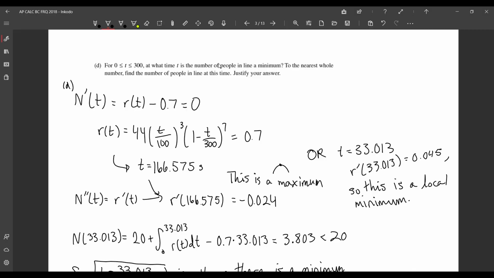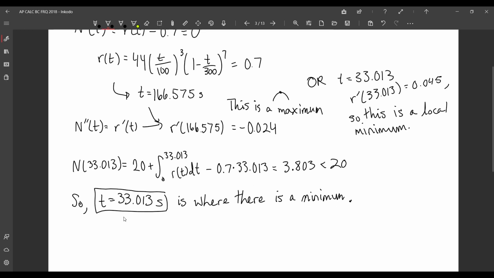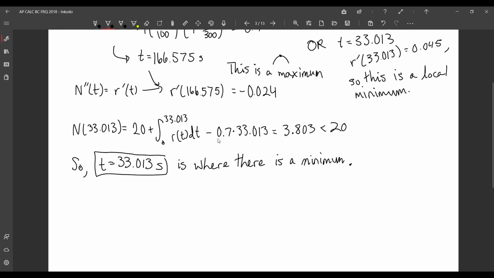If we set n prime equal to 0, we end up having to solve r of t equaling 0.7. This gave two solutions. One was a local maximum and one was a local minimum, which we checked by taking the second derivative. And then we had to check that this local minimum would be less than either of the endpoints, the smaller one being 20, and it was. So this is the minimum.